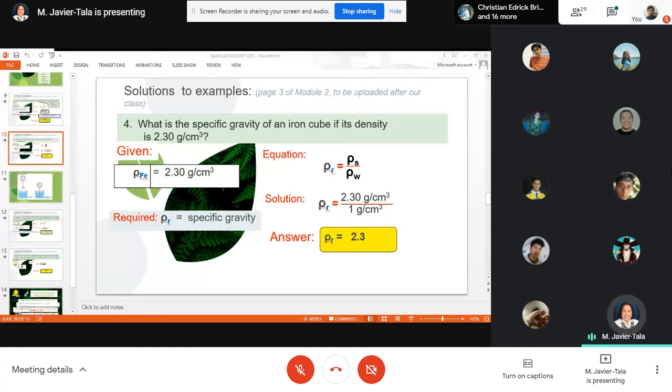That's why I mentioned a while ago that in chemistry we will use water as the reference, because most of what we will encounter will be liquids or solids.